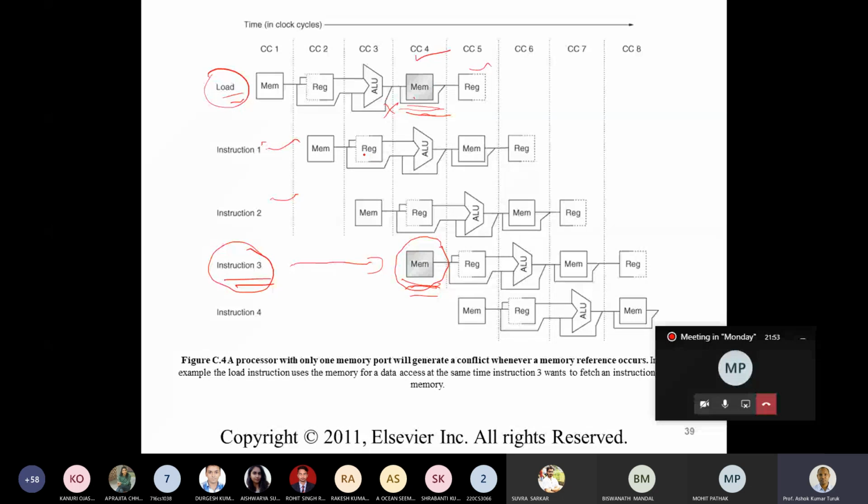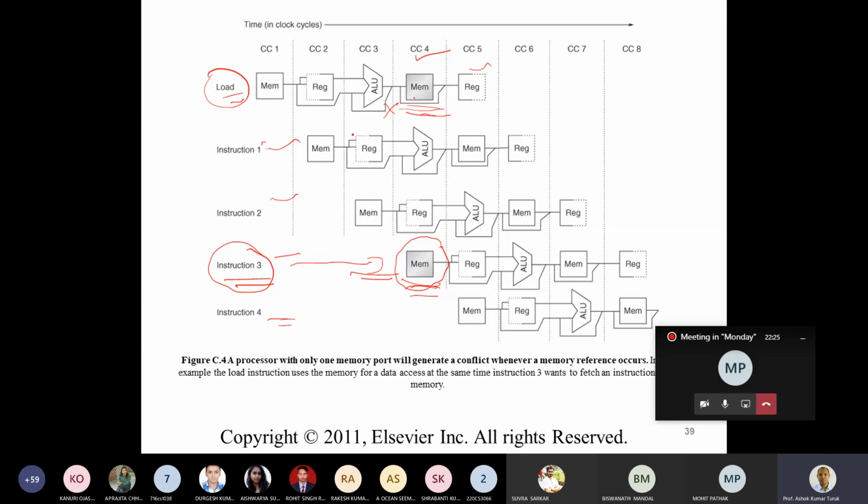So you stall the instruction nearer to the start, instruction 3, and all the instructions after it, so instruction 4 can also be stalled, and allow the other instructions to proceed. You allow the load instruction to proceed, and instruction 3 is stalled until the resource is available.